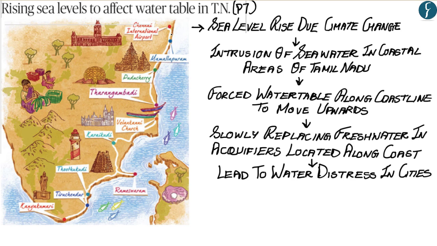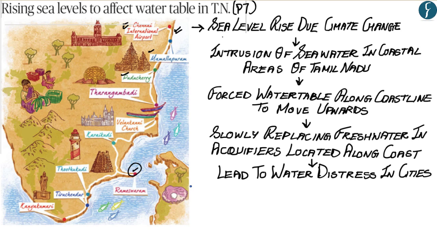Now, what this article has highlighted is that the East Coast Road, which is located in Tamil Nadu, which connects the major cities of Chennai, Mahabalipuram, Puducherry, Rameshwaram, and others, would be facing water distress as the fresh water which is located in aquifers in these cities is slowly being replaced by seawater due to the rise in sea level.